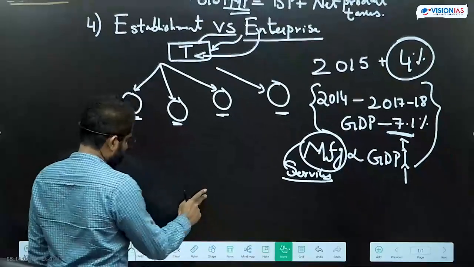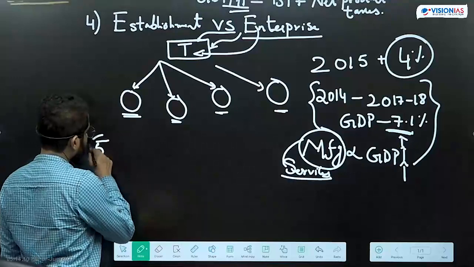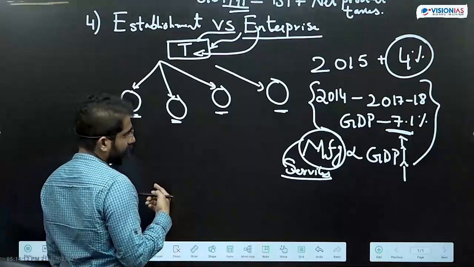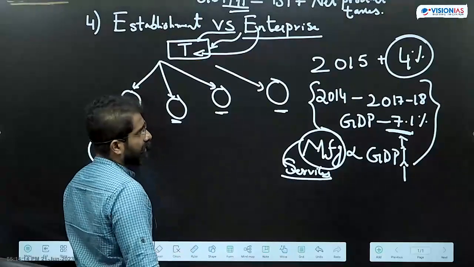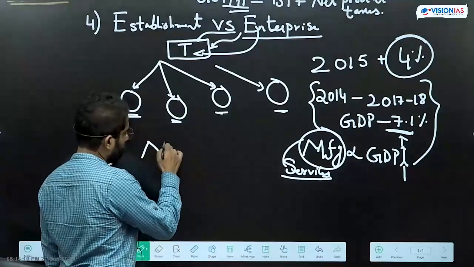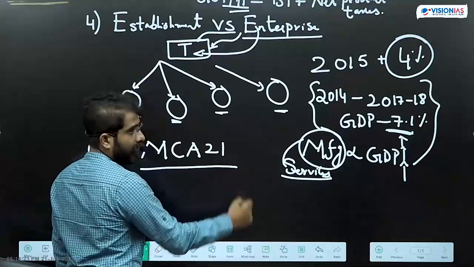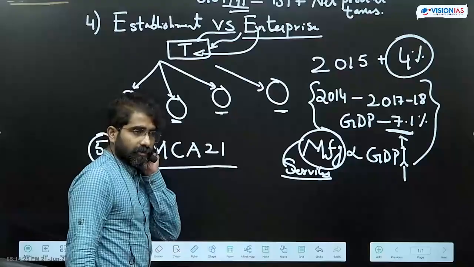And then another aspect is earlier there was data collection. Basically now they started collecting data through a new data source which is called the MCA 21 database, Ministry of Corporate Affairs, 21st century.